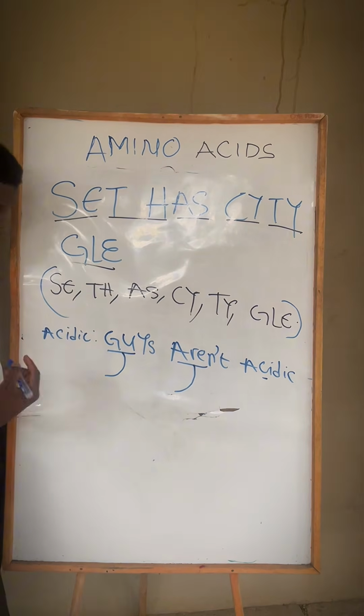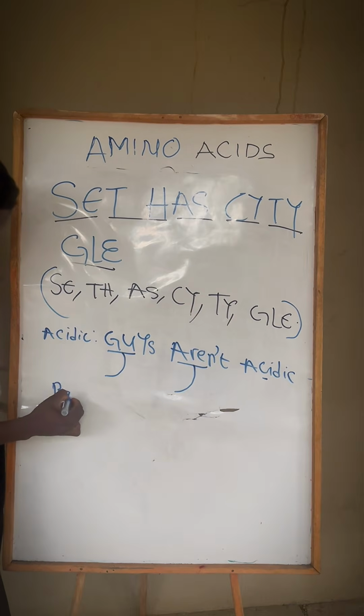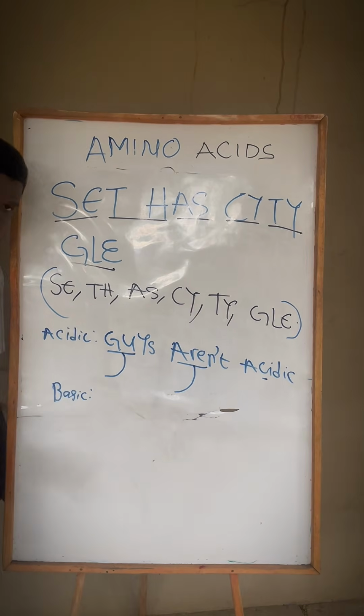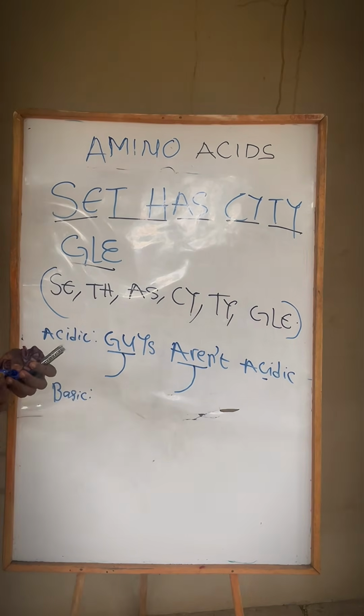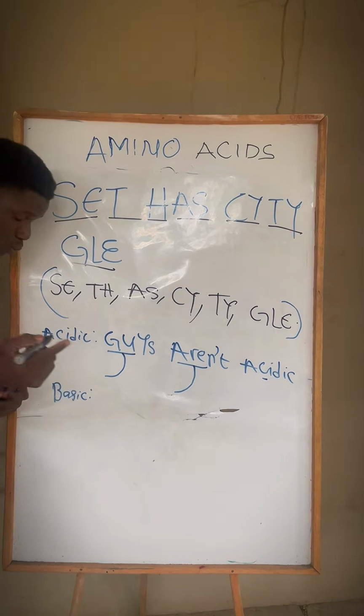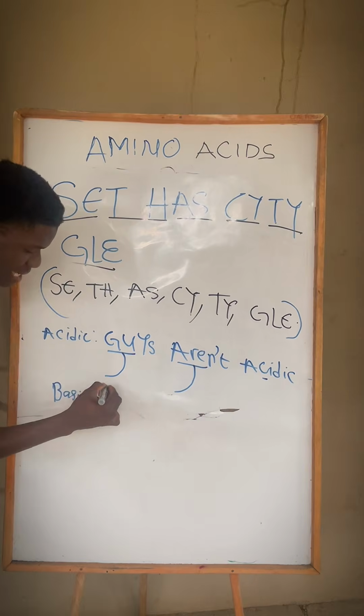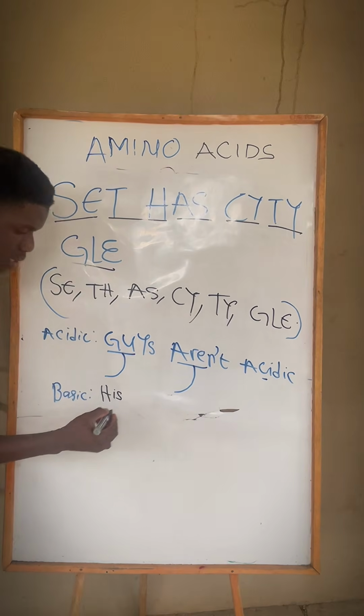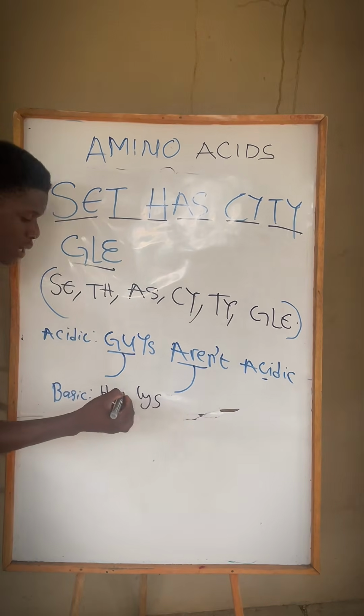The next one is the basic ones. How do you remember the basic ones? You say Is lies. You can see the way I spell my own lies.